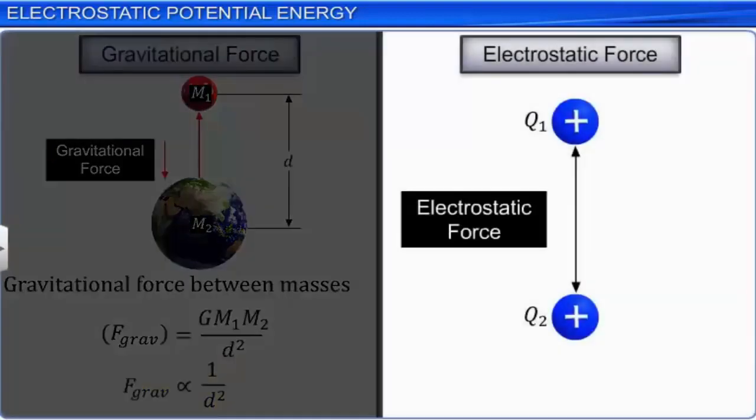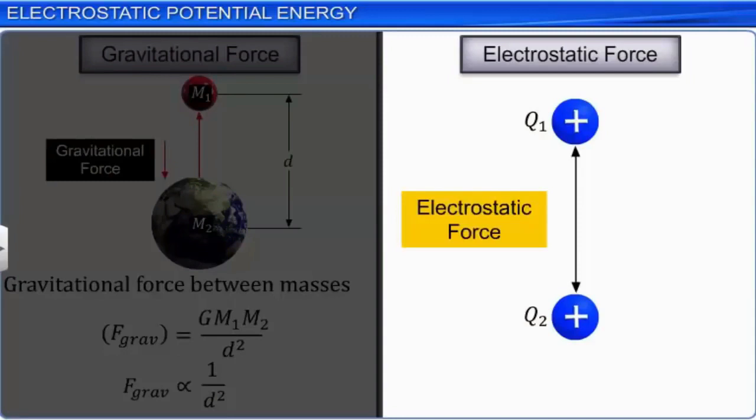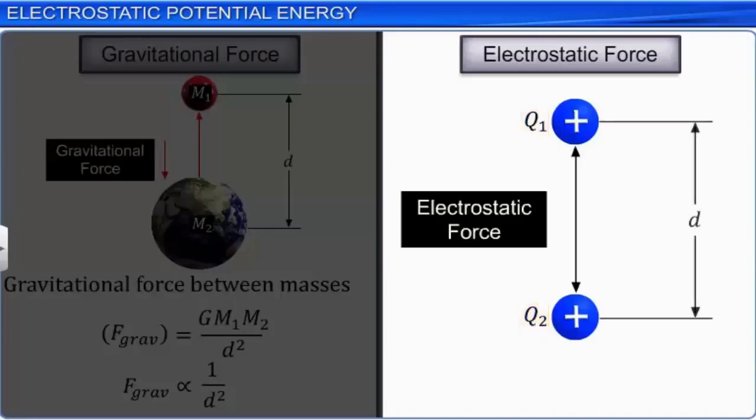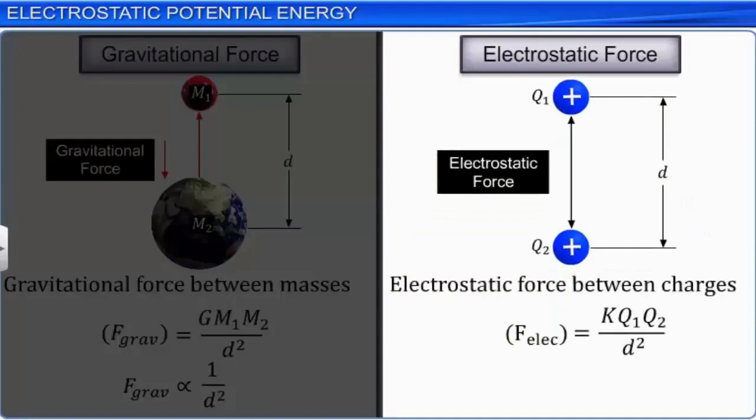Similarly, the Coulomb or the electrostatic force F between charges Q1 and Q2, separated by a distance d, is expressed as K Q1 Q2 by d square, where K is a constant, which is equal to 1 by 4 pi epsilon naught.